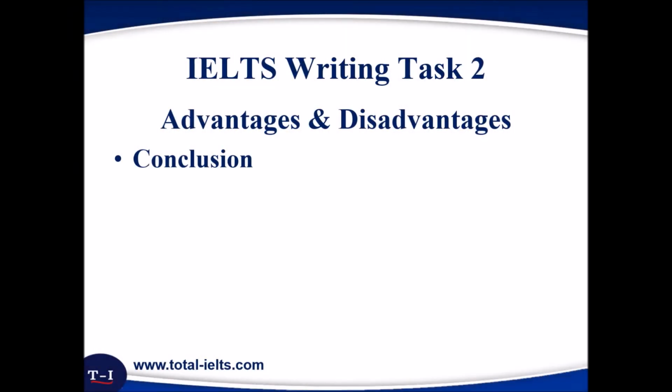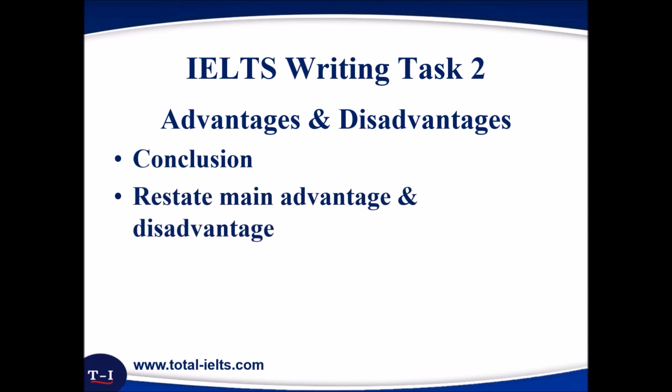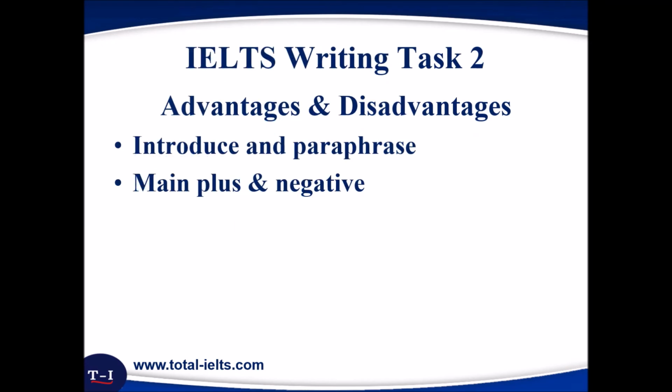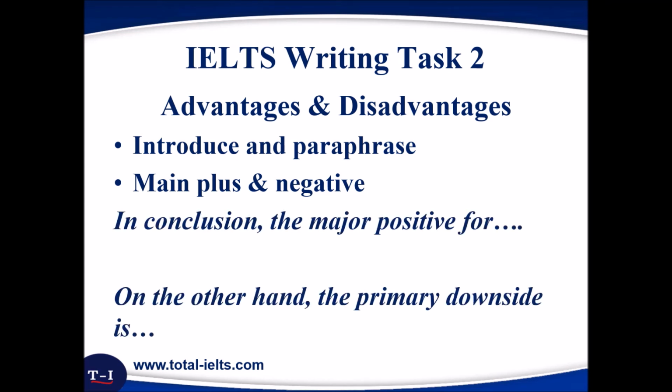And finally, it's time to write your conclusion. And in this, restate the main advantage and disadvantage from your body paragraphs. When you do so, introduce them and paraphrase them. For example, you can say, in conclusion, the major positive is, and on the other hand, the primary downside is.